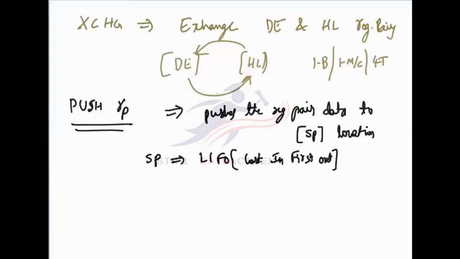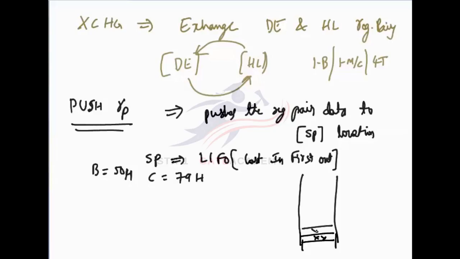Here I am taking one example: the B register is 50H and the C register is 79H. Then this is the memory, and in this memory some data is already stored. This is full now.